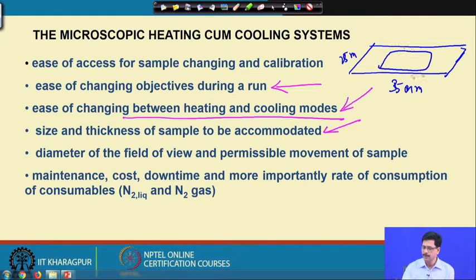This will be of the order of, say, 2 centimeter by 3 centimeter or 1.5 centimeter by 3 centimeter in size, and this is the doubly polished thin section or the wafer that was prepared to study the fluid inclusion.